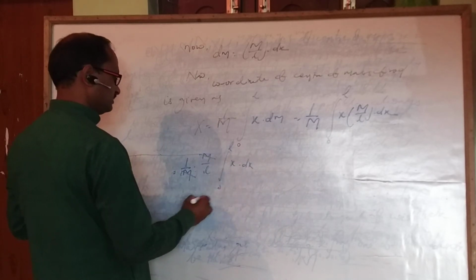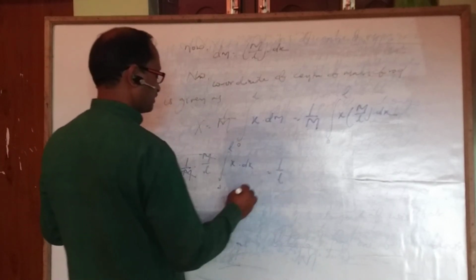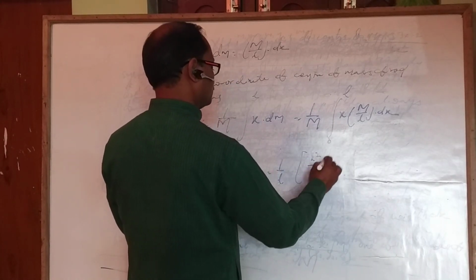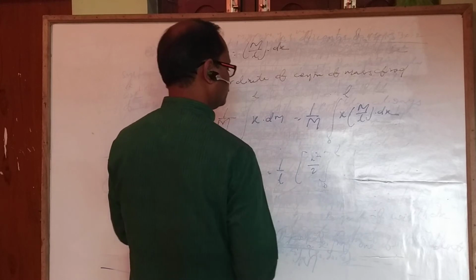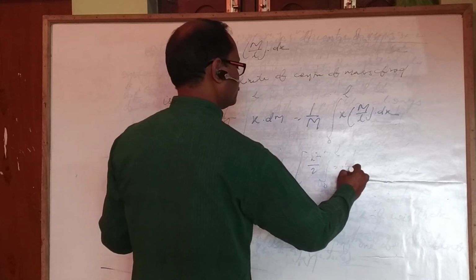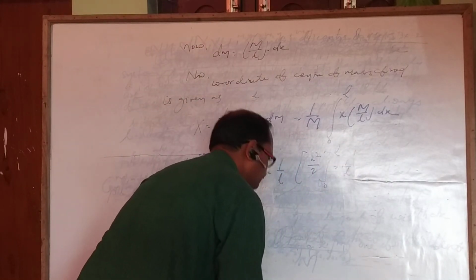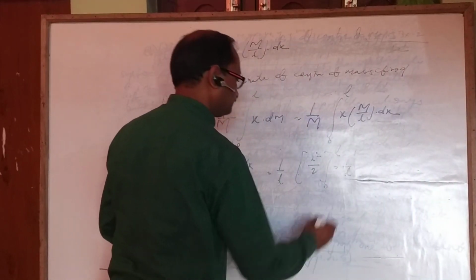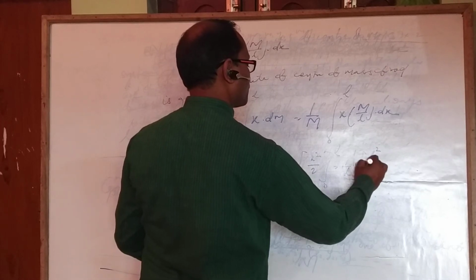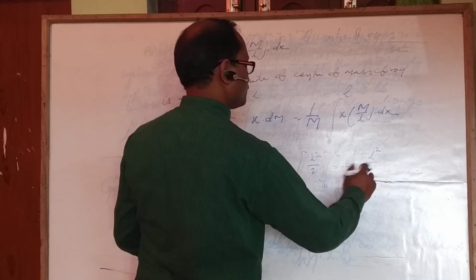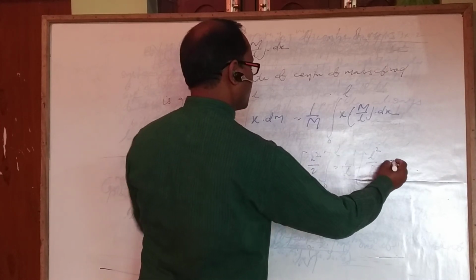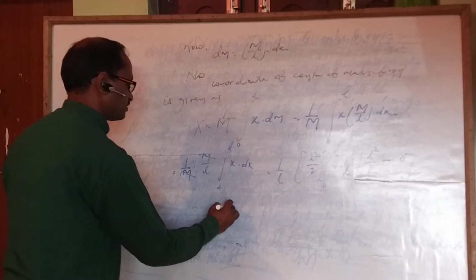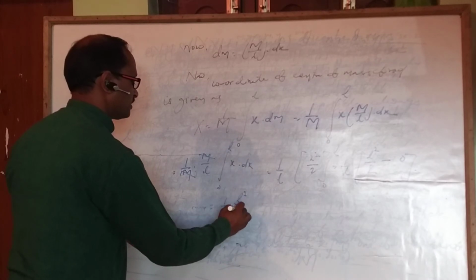This and that cancel. Integration of x is x square by 2. First we put the upper limit of the definite integral and then the lower limit, that is 1 by L into L square by 2.